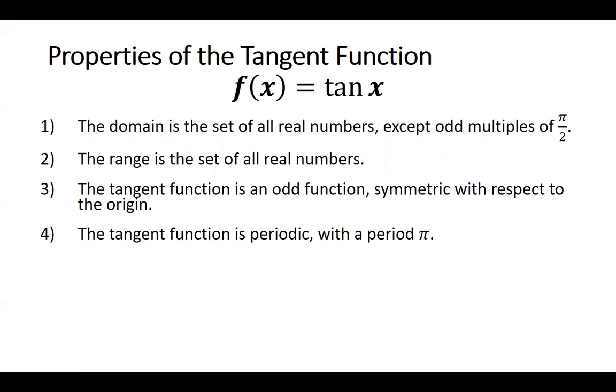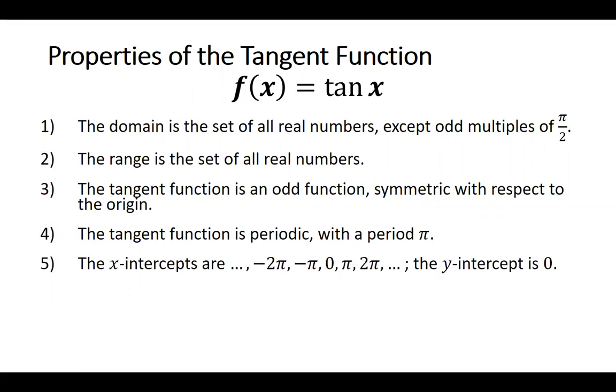Remember, there's the fundamental period. That's the smallest input range that will cover one full cycle. Now, that is the period, but when we start to graph these, I'll show you that it's actually easier to graph them if we treat them as a period of 2 pi, which is valid, but pi is the fundamental period.